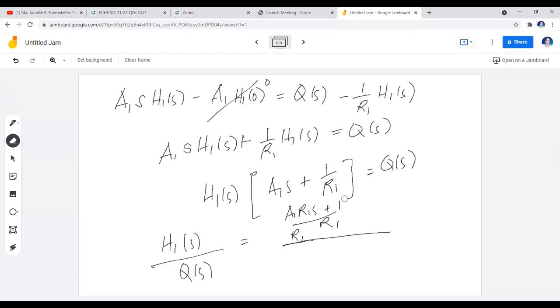If this thing is placed under here, you will have R1 in the numerator, and your A1 R1 product is your tau 1 actually. So I'll just change this one right away. So this is R1 over tau 1 s plus 1. So this is for your first tank, the liquid level behavior as to changes in the volumetric flow rate to tank 1.